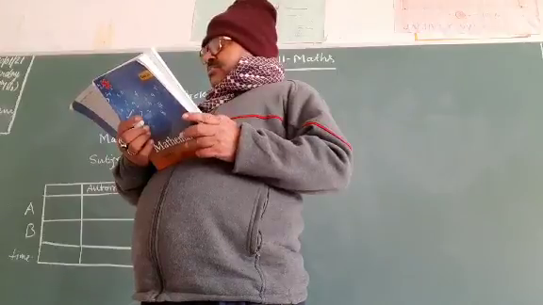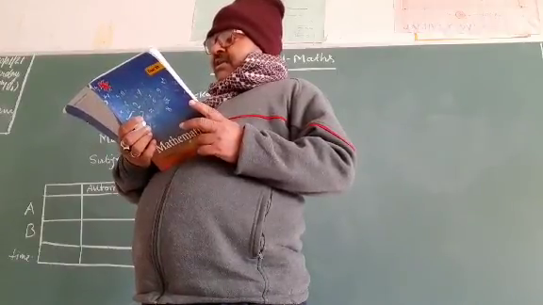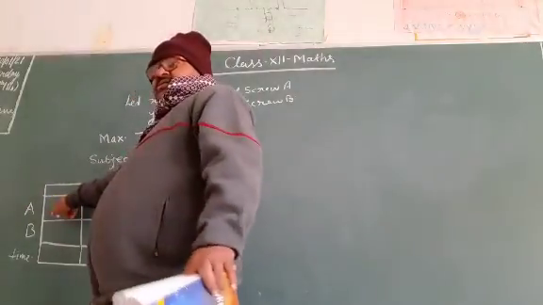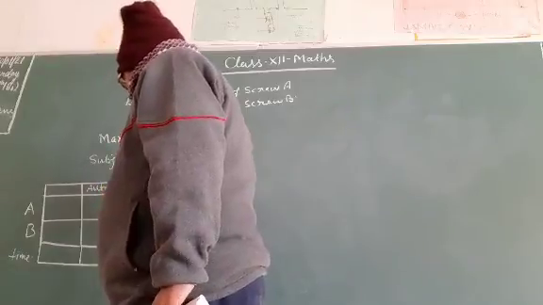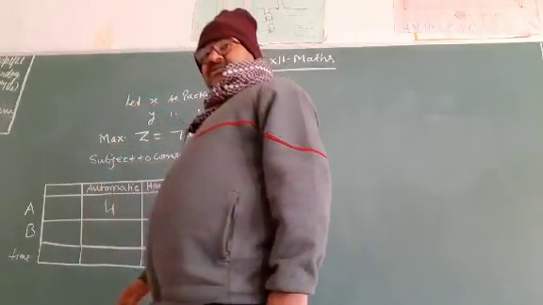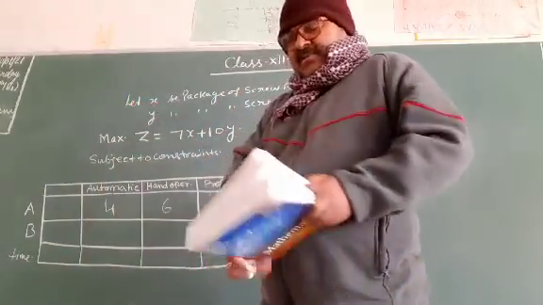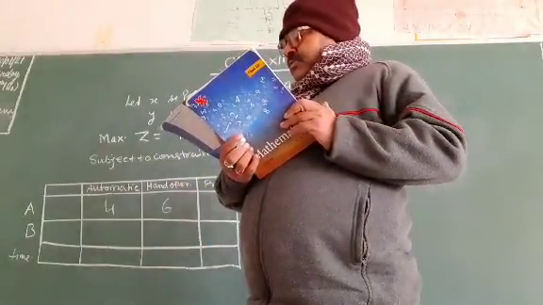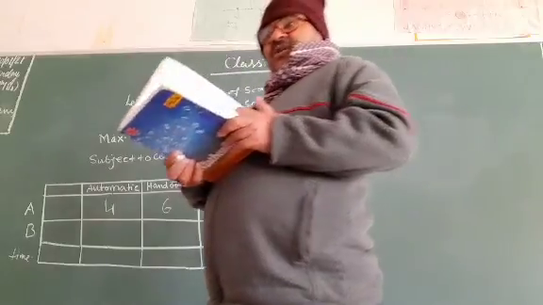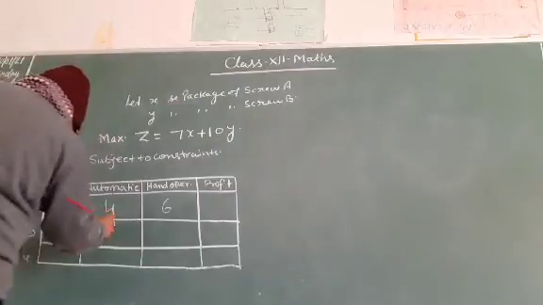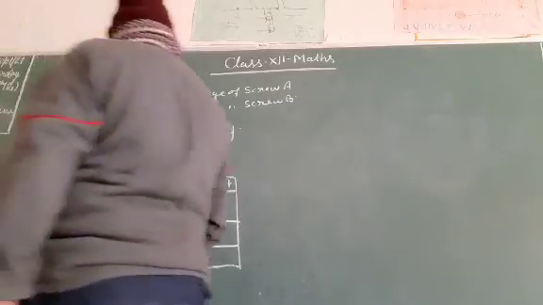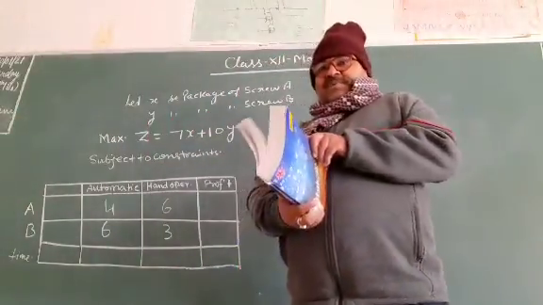For screw A, 4 minutes on the automatic machine and 6 minutes on the hand operated machine. Clear? Next, screw B takes 6 minutes on the automatic machine and 3 minutes on the hand operated machine.